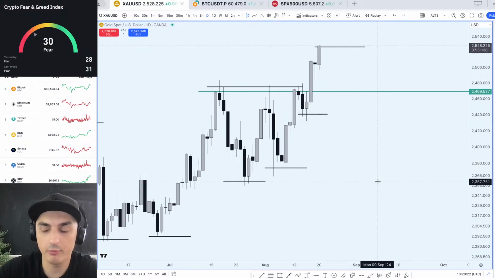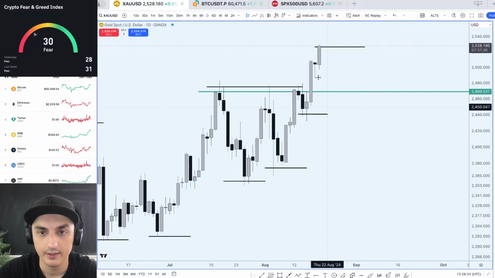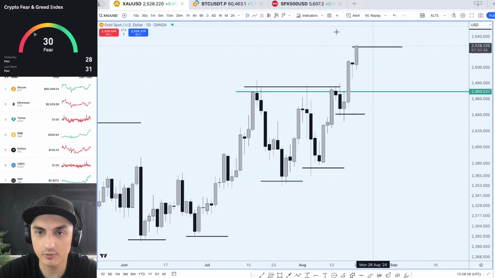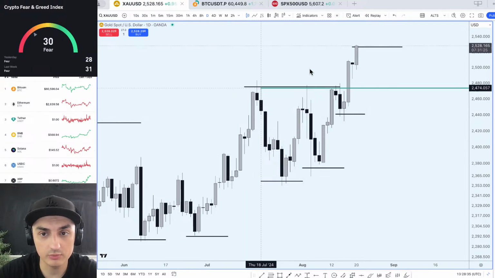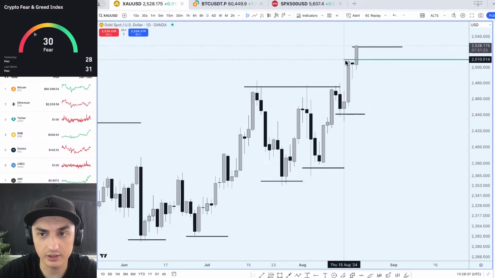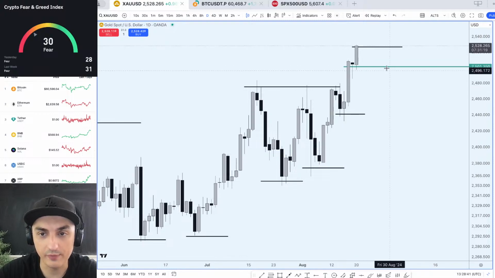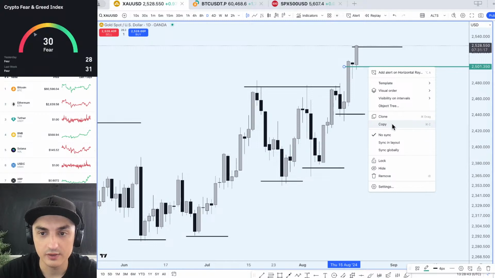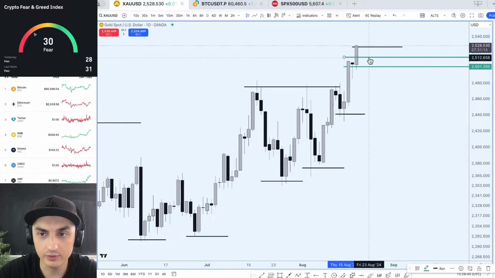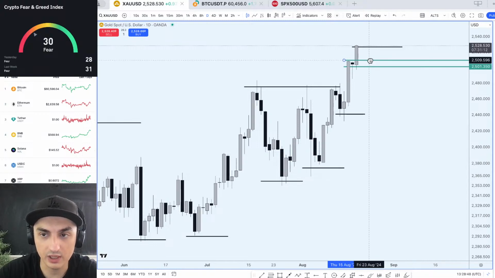So where we were at, analyzing gold and this market for the breakout from 2500. I actually wanted to place the level over here at 2500, and we got the breakout from 2500 and this area of 2510.